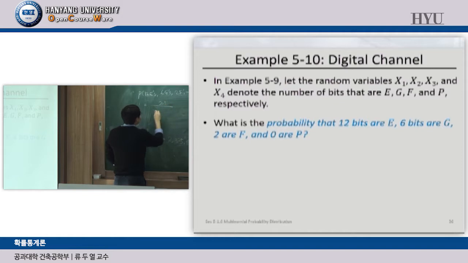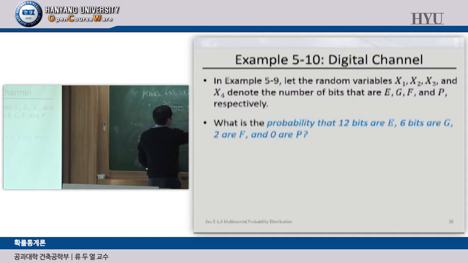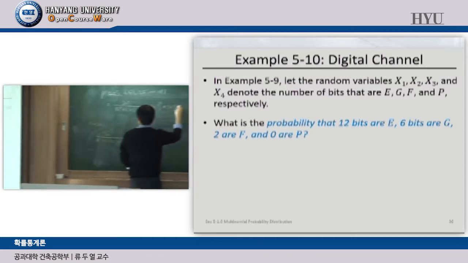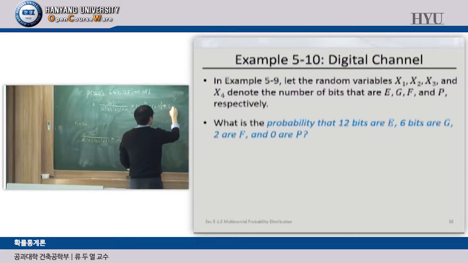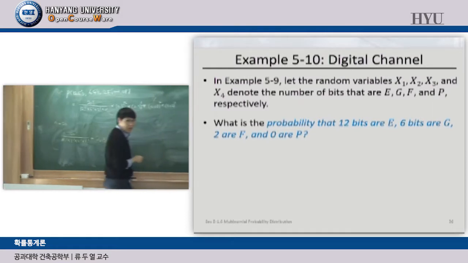So it is 20 factorial over 12 factorial times 6 factorial times 2 factorial times 0 factorial, times 0.6 to the 12th power, 0.3 to the 6th power, 0.08 squared, times 0.02 to the 0th power.